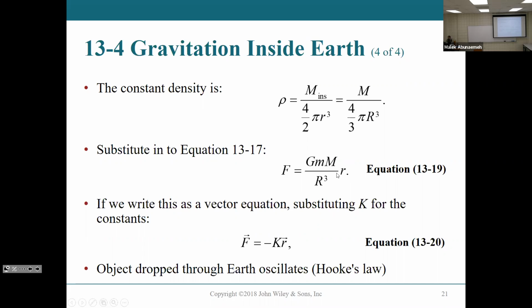Solving for the force, it is going to equal G, mass of the object, mass of the Earth, divided by the radius of the Earth cubed, multiplied by the distance between them, which gives us F equals minus KR, which we talked about before. So the object dropped through Earth oscillates, which is Hooke's law, F equals minus KR.